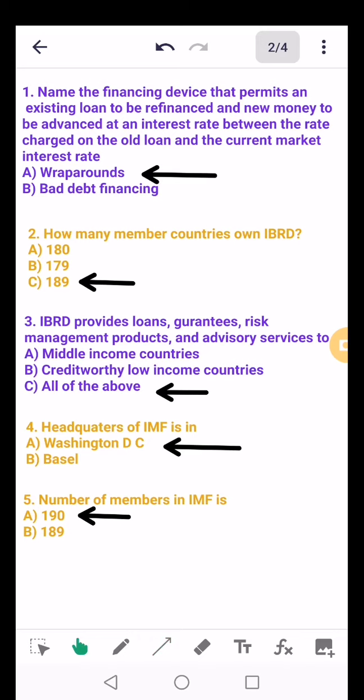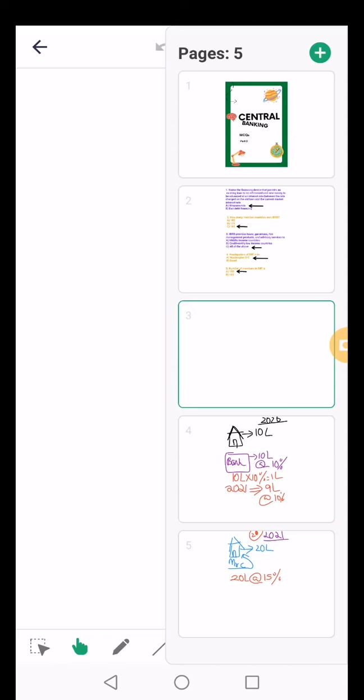There are a few more facts regarding IMF. Headquarters in Washington DC, that you have to remember. And the year of establishment: when was the IMF established?